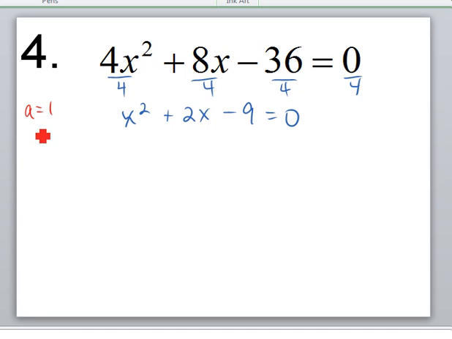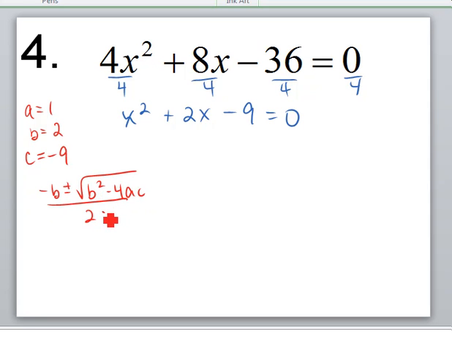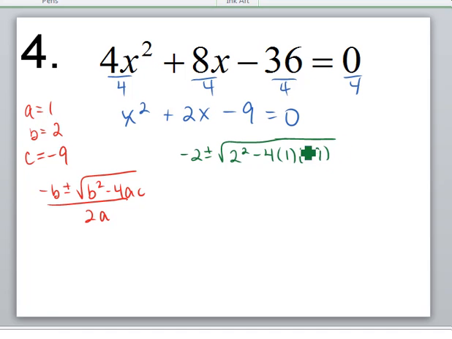So now A is 1, B is 2, and C is negative 9. Plugging in the formula, negative B plus or minus the square root of B squared minus 4 times A times C all over 2A, I end up getting a negative 2 plus or minus 2 squared minus 4 times A times C all over 2 times A. So I get negative 2 plus or minus 4.